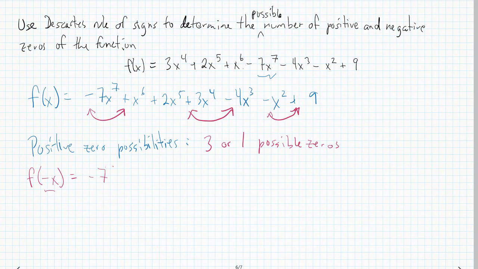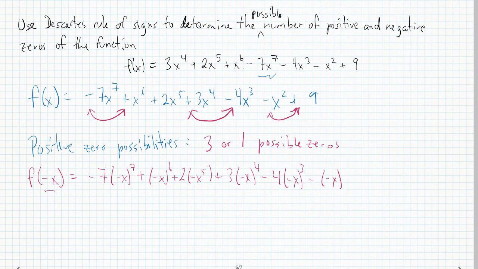So negative 7, and we'll go negative x to the 7th, plus negative x raised to the 6th, plus 2 times negative x to the 5th, plus 3 times negative x to the 4th, minus 4 times negative x the quantity cubed, minus negative x the quantity squared, and then plus 9.